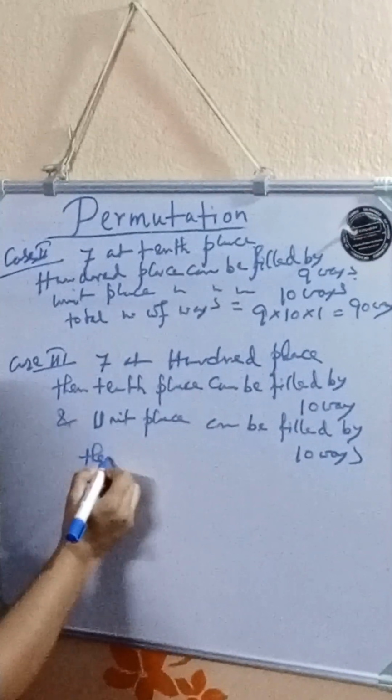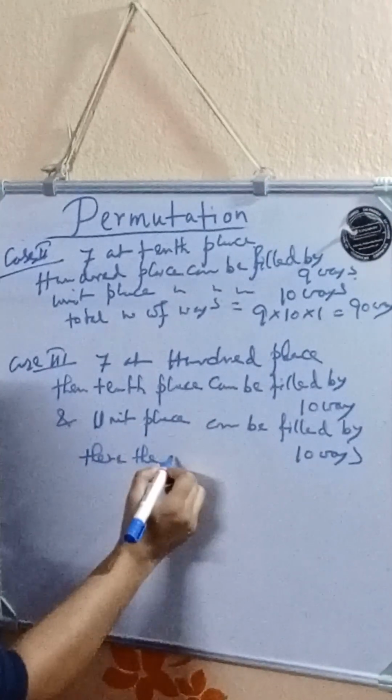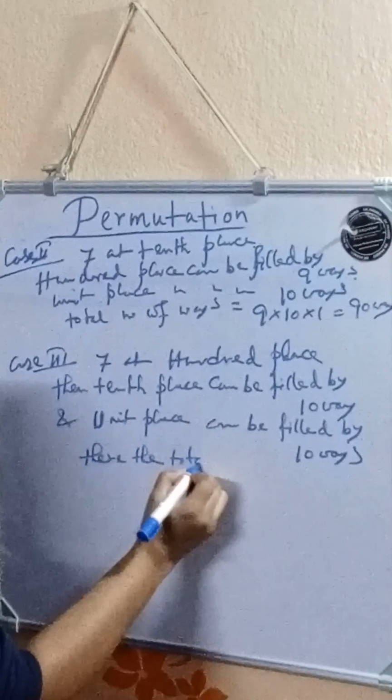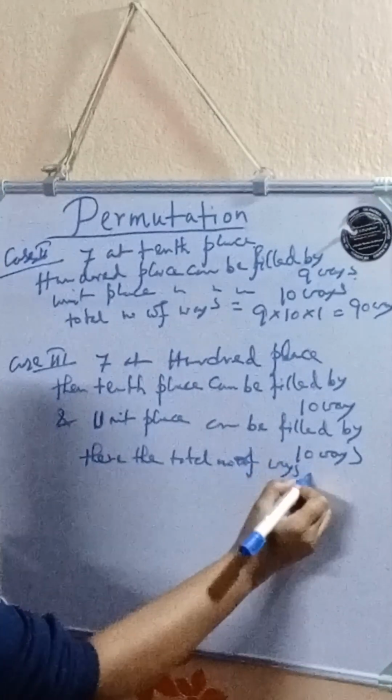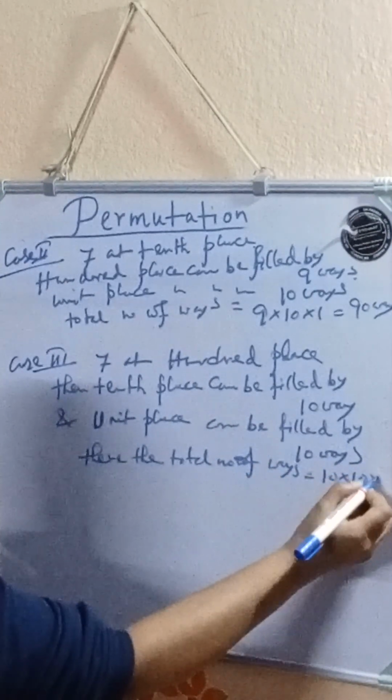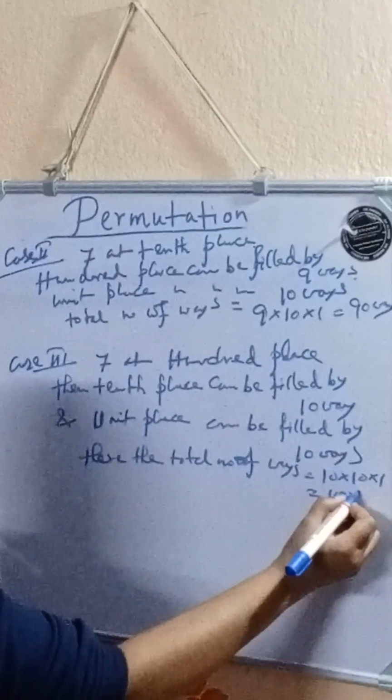Therefore, the total number of ways equals 10 into 10 into 1 equals 100 ways.